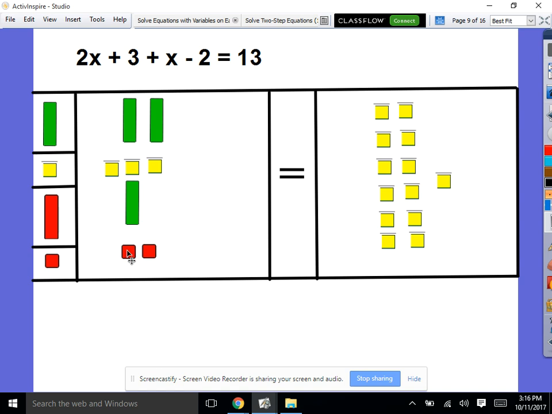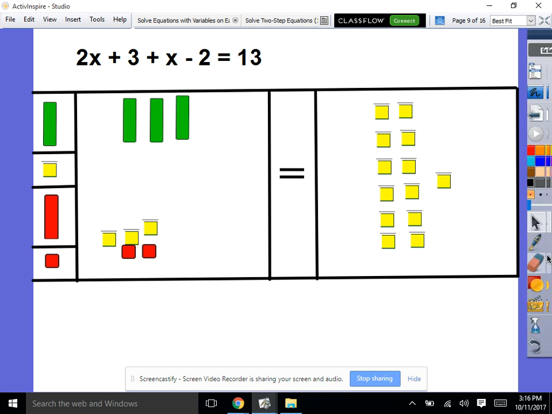Now, I did those in order of the way I read them. Most of the time, you would group the like tiles together, just what I'm doing now. So I put my x's together, and I put my 1's together.